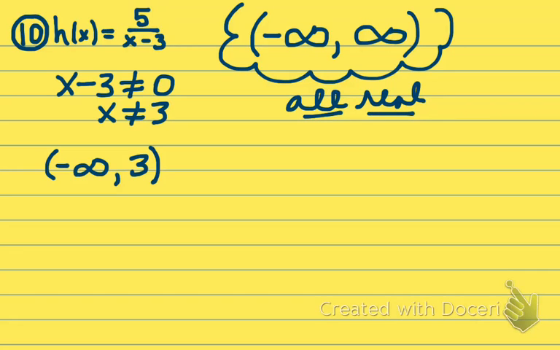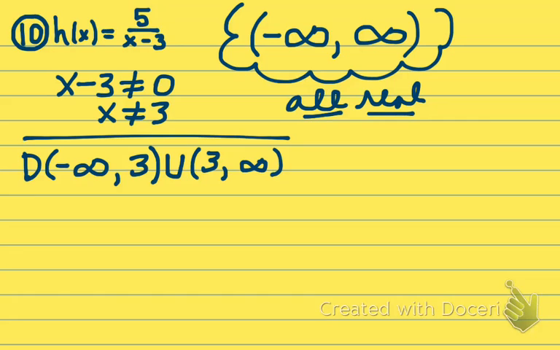So the first piece of our domain is negative infinity to 3, union, 3 to infinity. Then you put a big capital D in front of it, and that's the proper notation for stating your domain. The reason you know that's it is that there was nothing else in the equation that was a problem for x.